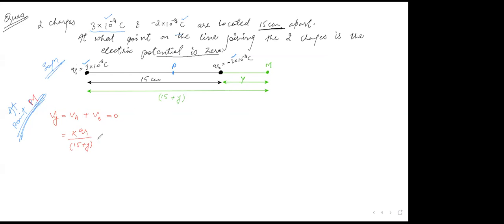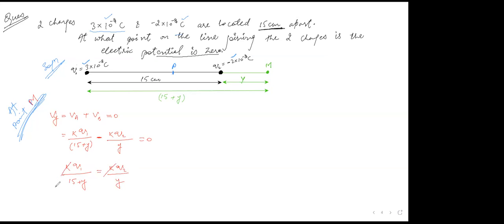Now for VB, your charge is negative, so we are taking directly a negative sign. This is your K Q2 over Y. Finally it is 0, so you can write K Q1 over 15 plus Y equal to K Q2 over Y.